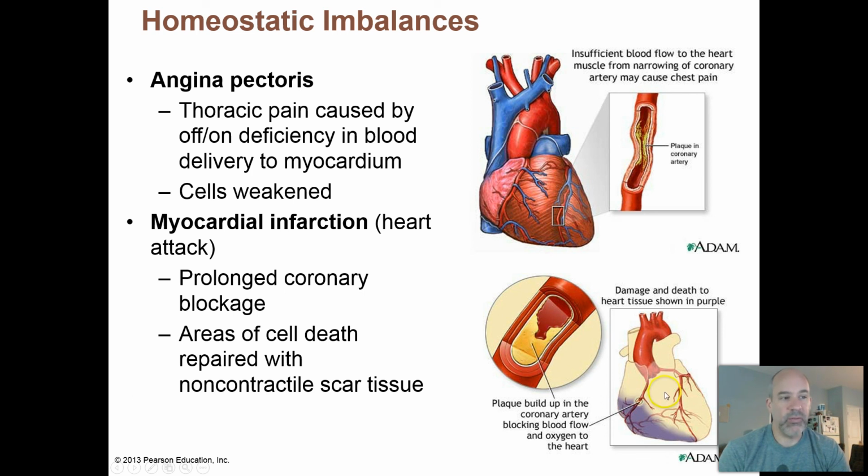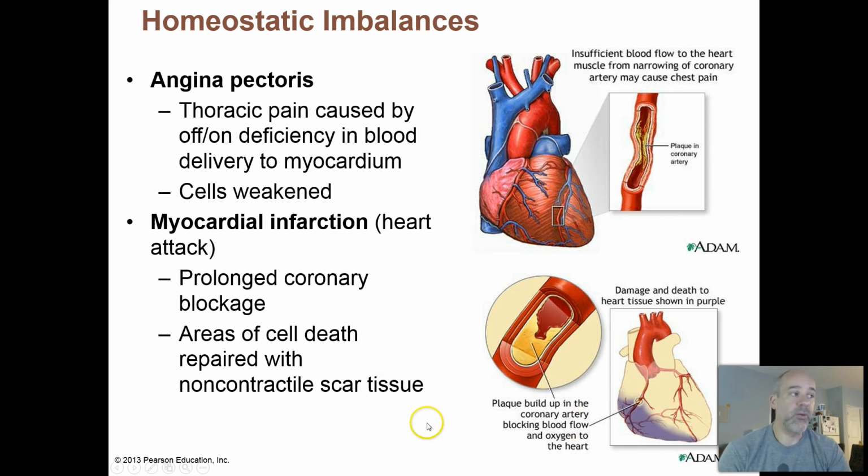And like they're showing you over here, if you have a blockage, they're showing you a full blockage in, what major blood vessel is that? That's the right coronary artery because it's flowing between the right atrium and the right ventricle over here. So that would cut off a great deal of blood supply to the right-hand side of the heart, and could be deadly if not treated right away.